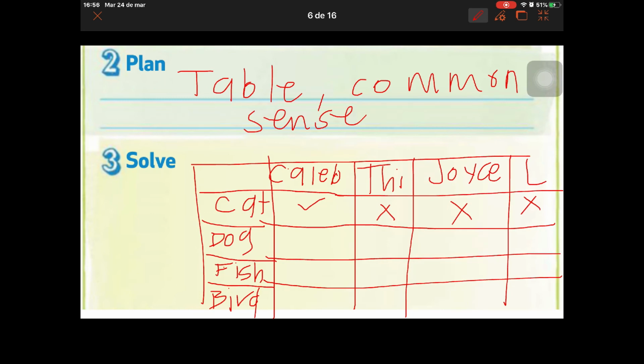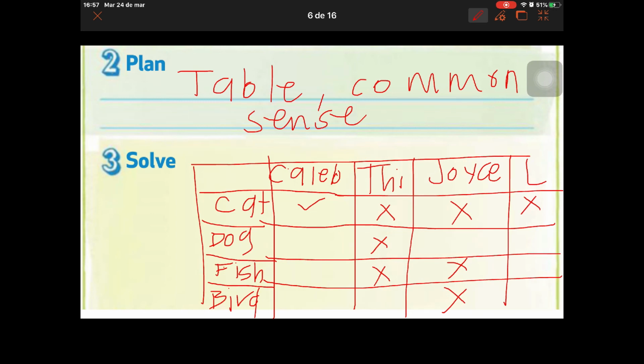So Ty doesn't have a dog and doesn't have a fish. Joyce does not have a bird or a fish. Joyce doesn't have a bird and doesn't have a fish. And Lavanda, no, Lavanda doesn't have anything, sorry.